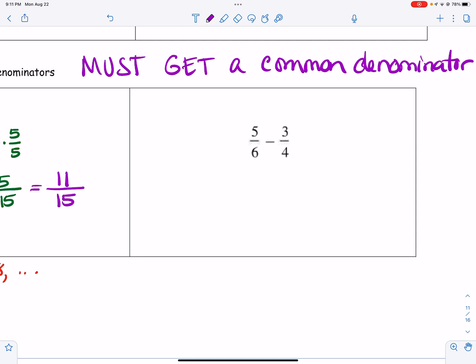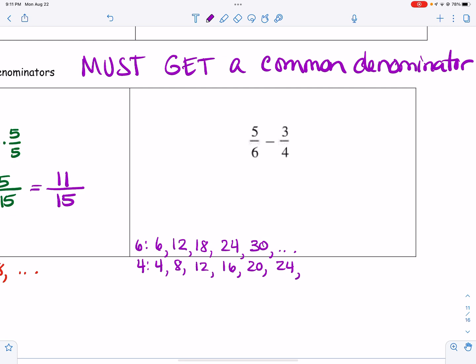So what you can do is, again, think of counting by sixes. 6, 12, 18, 24, 30, etc. Then count by fours. 4, 8, 12, 16, 20, 24, etc. So the smallest number that they have in common is 12.